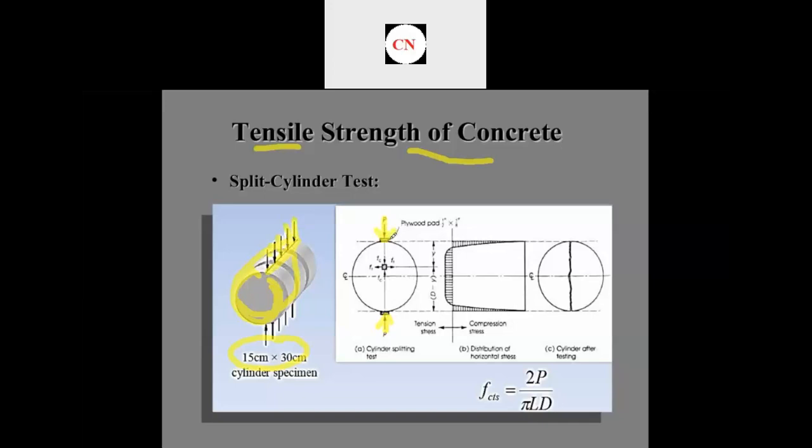Although compressive load is applied, inside the body of the concrete there will be tensile load, indicated with the arrow mark. That can be calculated with a simple formula: Ftc is equal to 2P divided by pi L D, where P is the load, L is the length of the specimen, and D is the diameter of the sample.